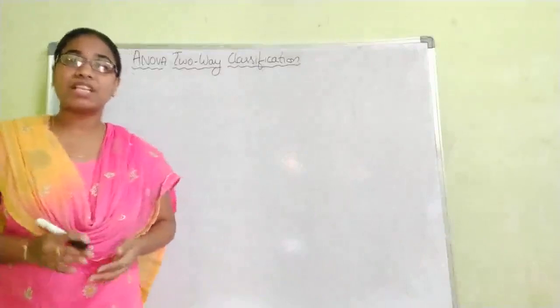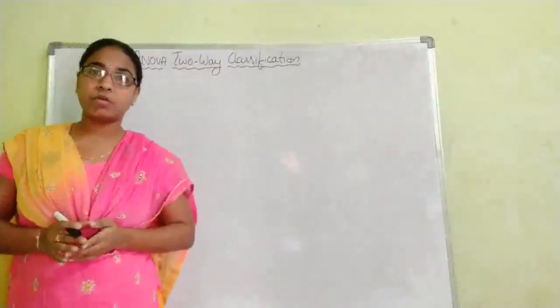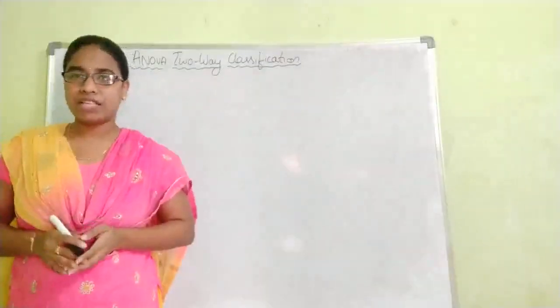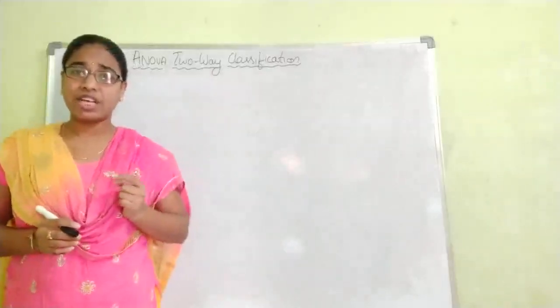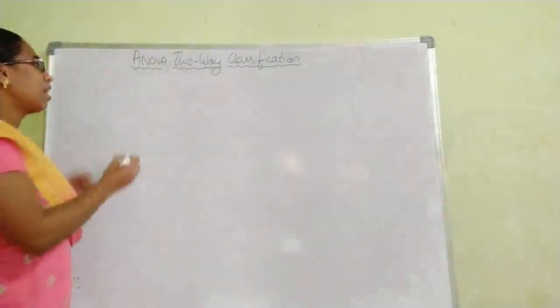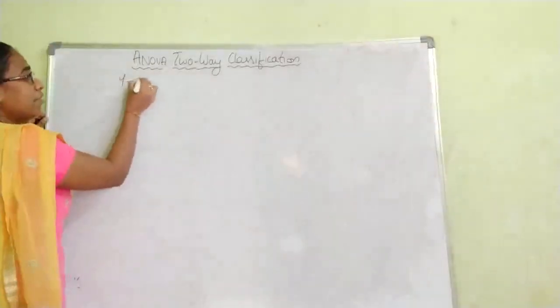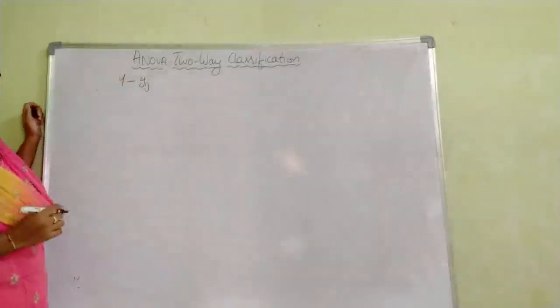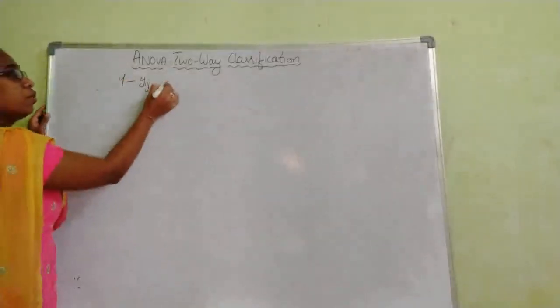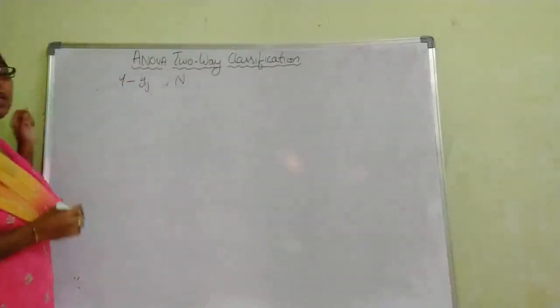So in the previous class till now we have completed about the ANOVA one-way classification. So what is the ANOVA one-way classification? You will be having a random variable y and different values or observations that we have denoted with yij. So there will be a total of n values.